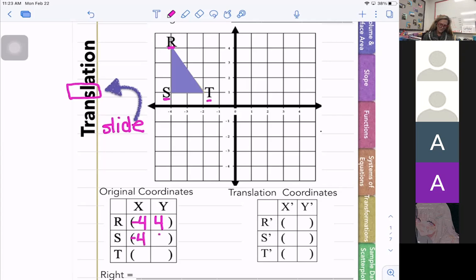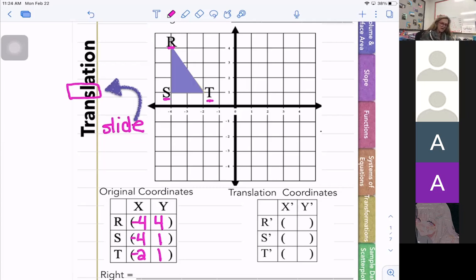And Lauren, what is T? -2, 1. Those are all my original coordinates, or ordered pairs. Did you get all those down?